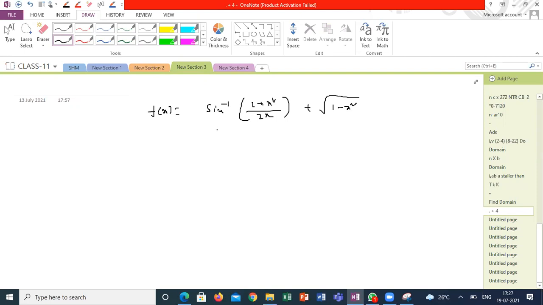Or they might give like this: tan of x plus 1 plus root of x square minus 1. So what is the domain of these functions? These kinds of trigonometric functions they may ask mostly.